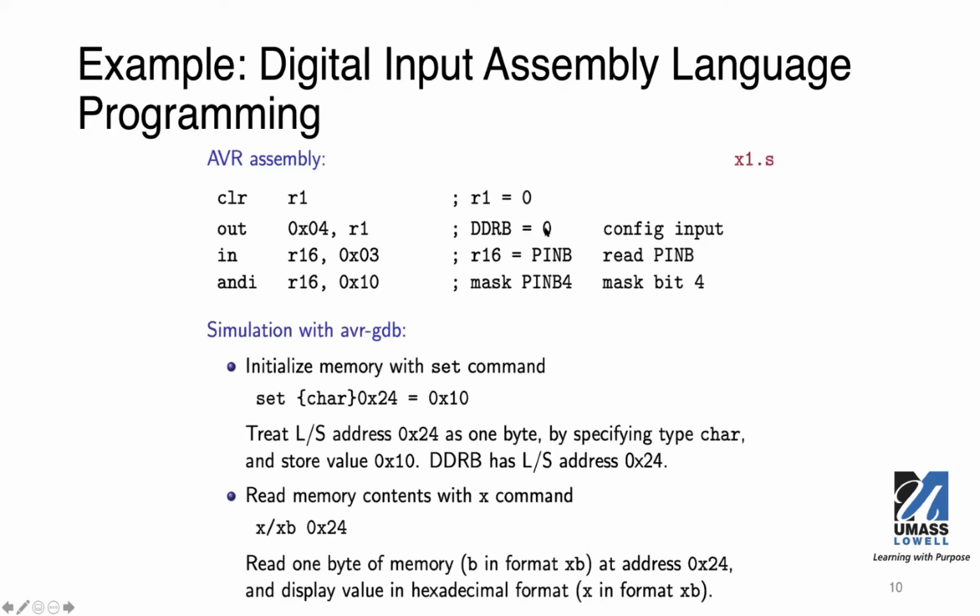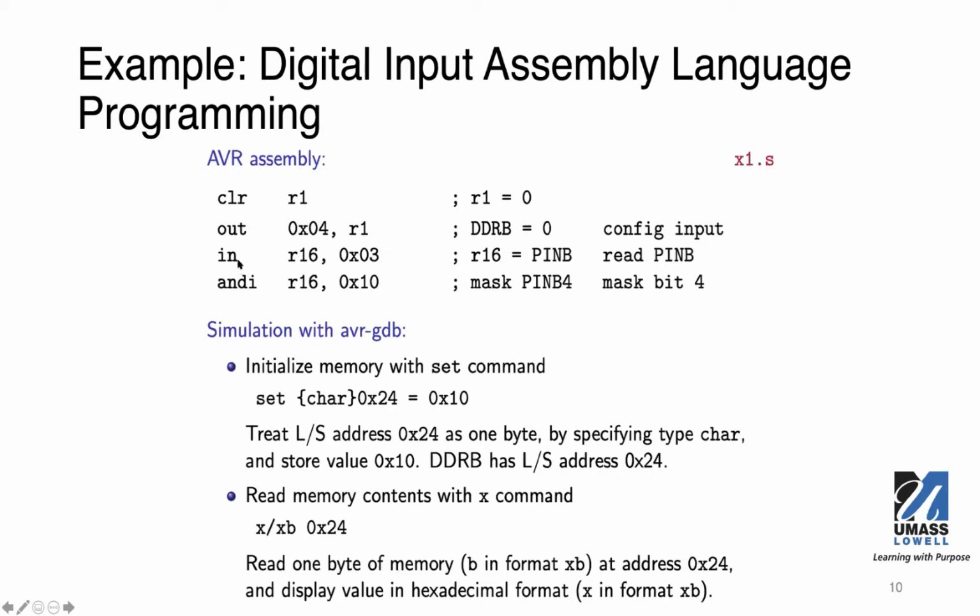So essentially, we put 0 to this DDR-B. DDR-B has 8 bits, so all the 8 bits are 0 now, including bit index number 4. And that did exactly what we want. We configured PB4 as an input because we now have a 0 on bit 4 of DDR-B.